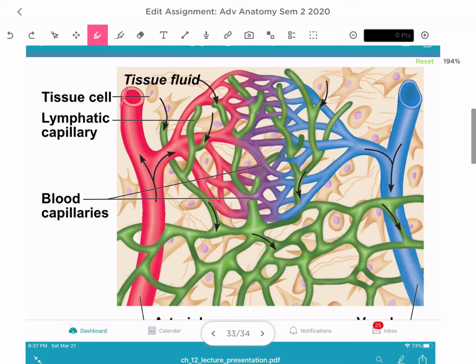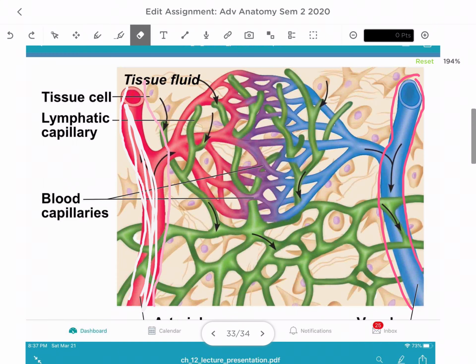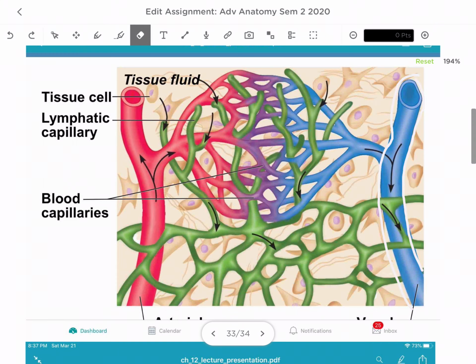We have this red structure right here, and that is representing an artery. This blue one over here is representing a vein in your body. I'm going to make all this coloring go away because we don't need it now that you know what is what.